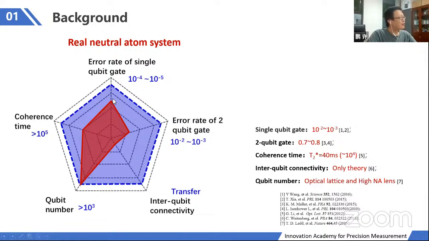We had a very high error rate for the single qubit gate and for the 2 qubit gate, we didn't demonstrate the interqubit connectivity, and the coherence time was at the millisecond scale. The only thing is that in the optical lattice, people could have some thousands of atoms. So we can see there's a big gap between reality and the ideal situation.